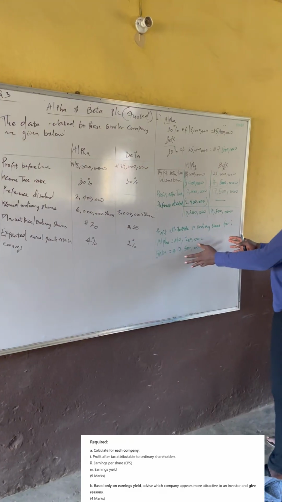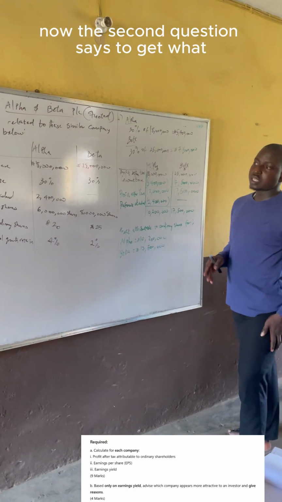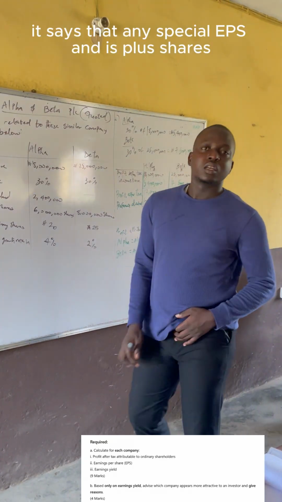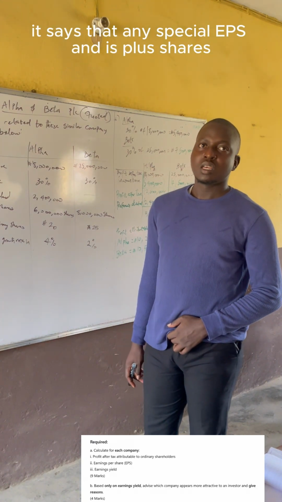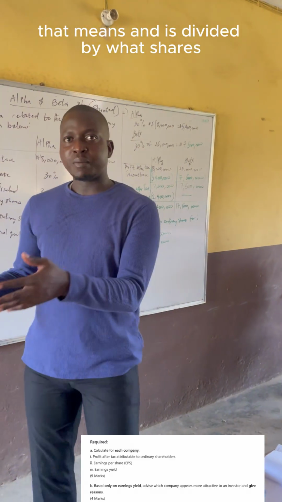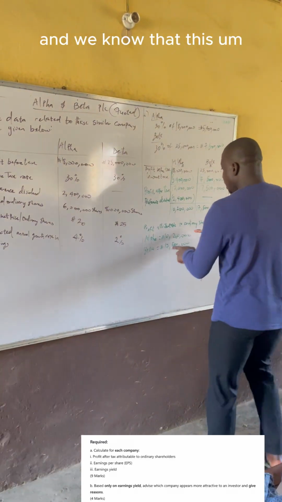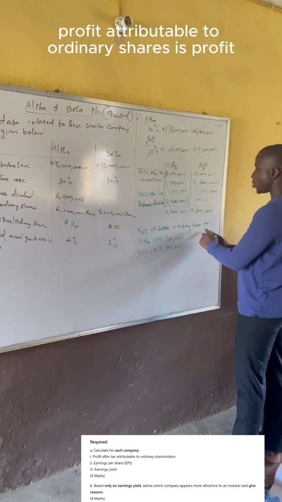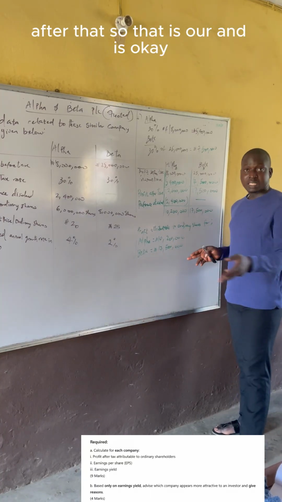Now we've gotten this. Now the second question says earnings per share, EPS. So what gets earnings per share? That means earnings divided by shares. And we know that this profit attributable to ordinary shares is profit after tax. That's our earnings.